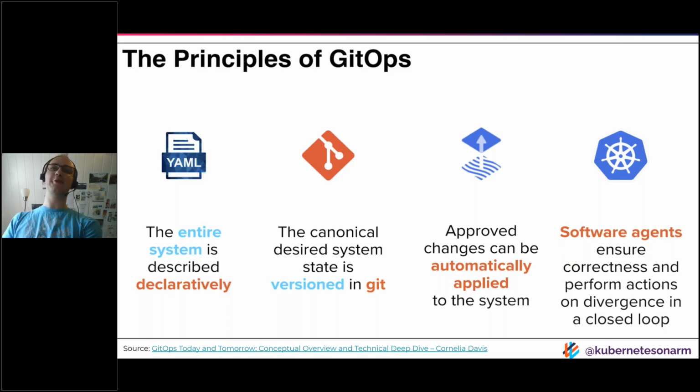So in the case of DNS records, using some kind of API, the controller can actually create the DNS records, and then they will exist. You don't have to do it yourself. You just have to say to Git that I want these DNS records, and then they will be created. And then software agents ensure correctness and perform actions on divergence in a closed loop.